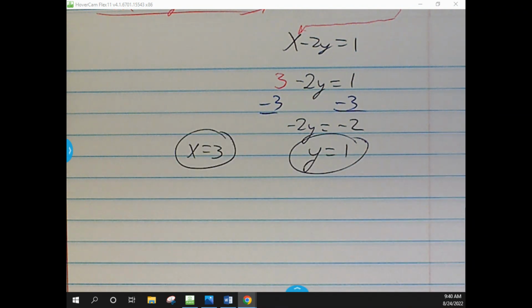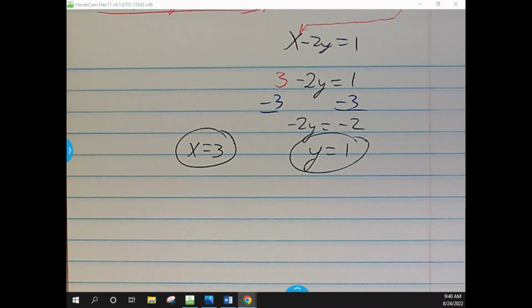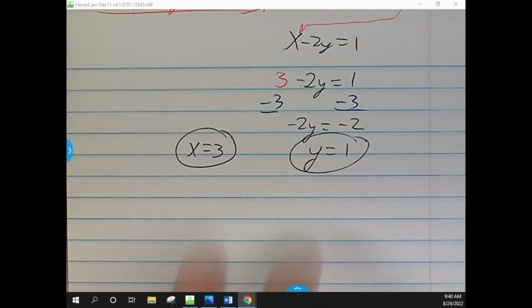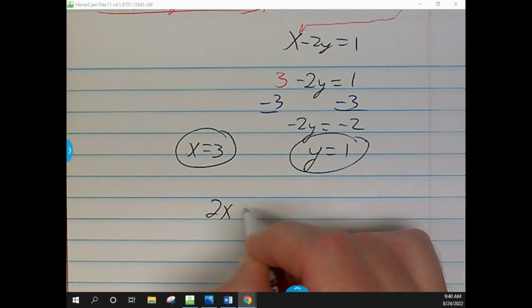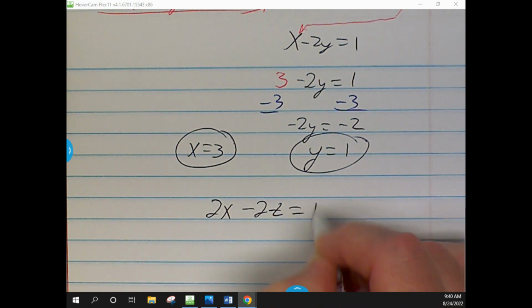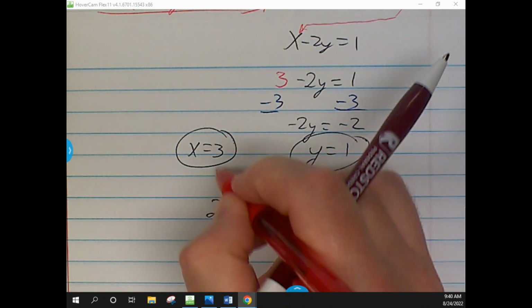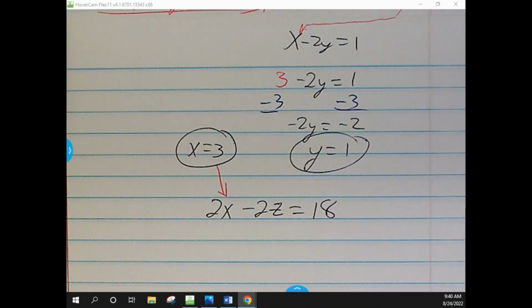And now we can go back and find one that's got z in it and plug it back in to figure out what z is. You can even pick the one that's just got 2 variables. We can use 2x minus 2z equals 18, because you don't necessarily have to have the y. As long as you've got the x, we can plug that in to figure out what the z is going to be.